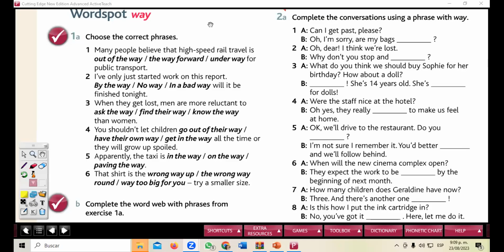Okay, let's check. So, Marlon, for the first one, can you read the complete sentence, with the correct answer that you chose?